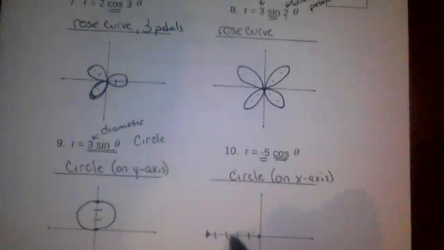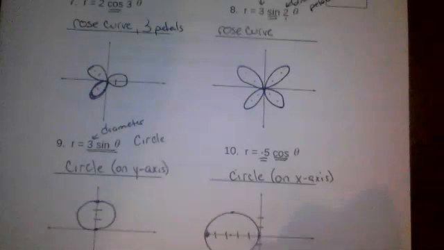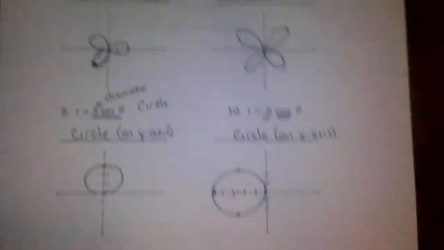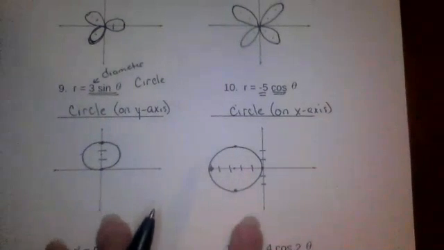So 2.5 is the center. So 1, 2, maybe right here, right here. I'll try to draw a circle. All right. So those we've already done.